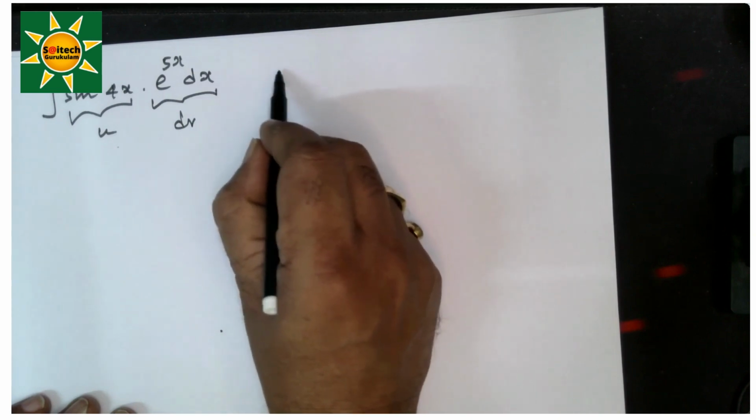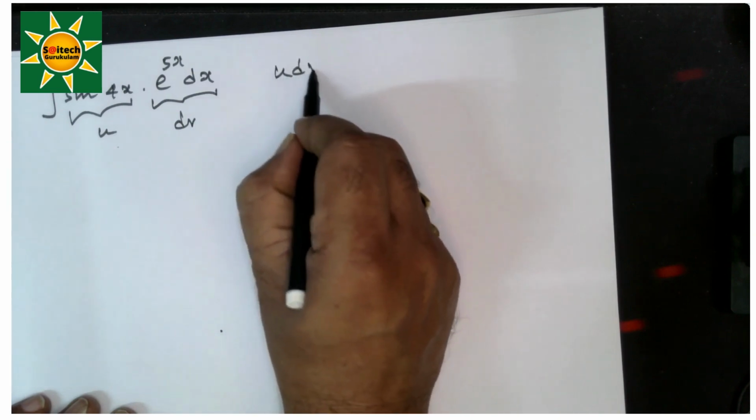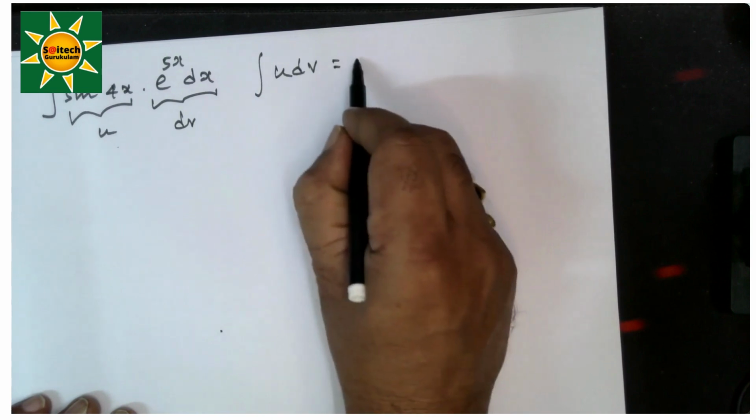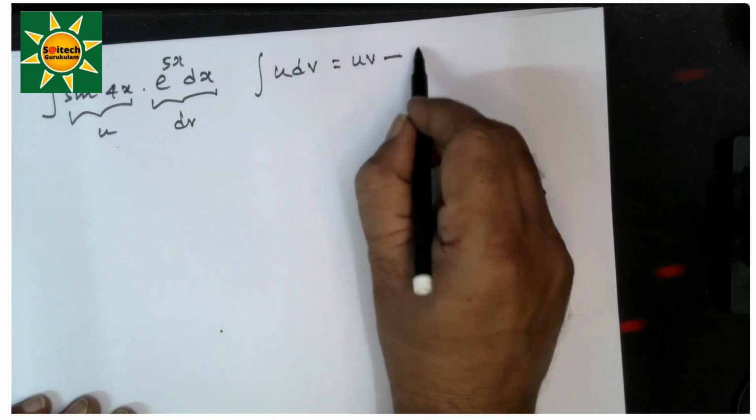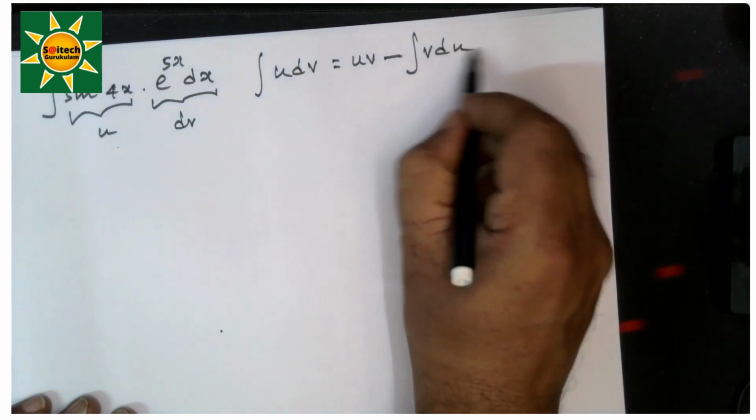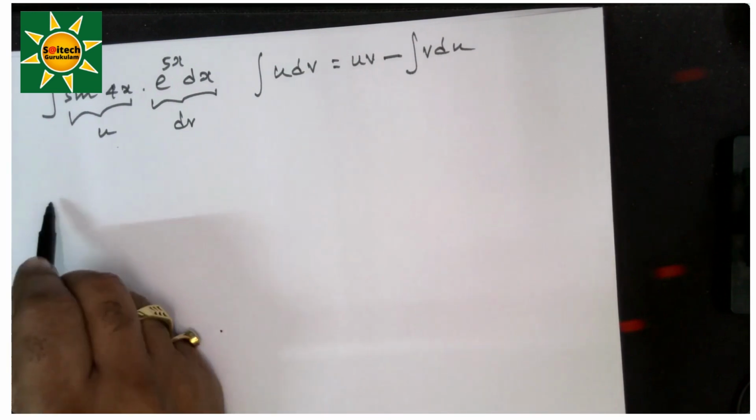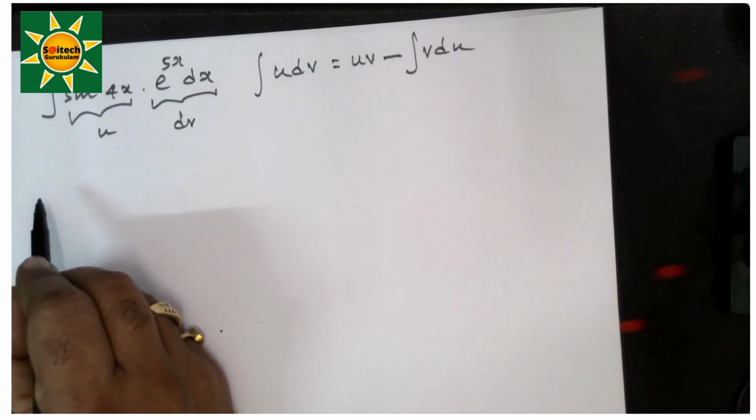Now what is the formula? u dv is equal to uv minus integral v du. Now let us proceed with the tabular method.